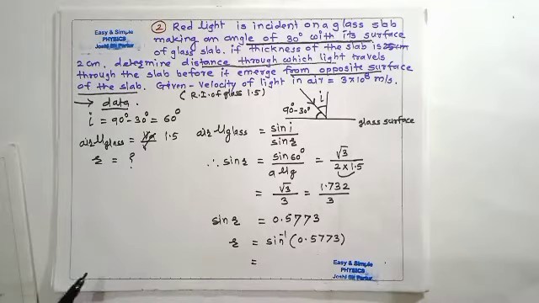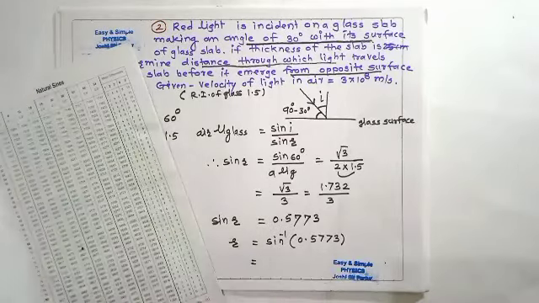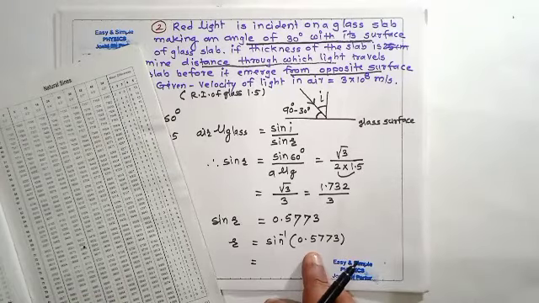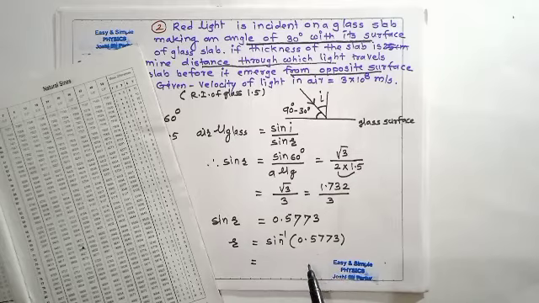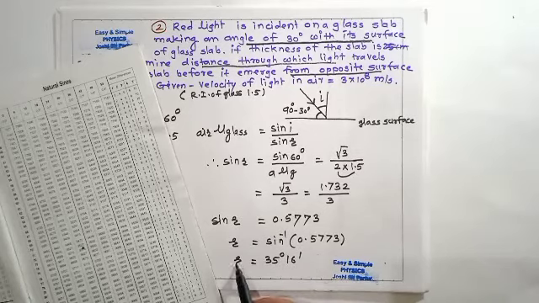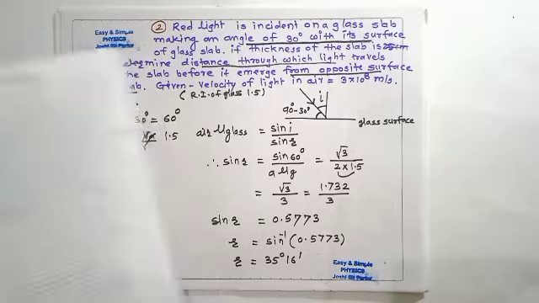Using natural sine, the value here will be 0.57, from here 5773. It will be 5764, and if we add the mean difference 9, in 4 minutes and 5764 it is 12 minutes. So here 35 degree 16 minute will be given as the angle of refraction.